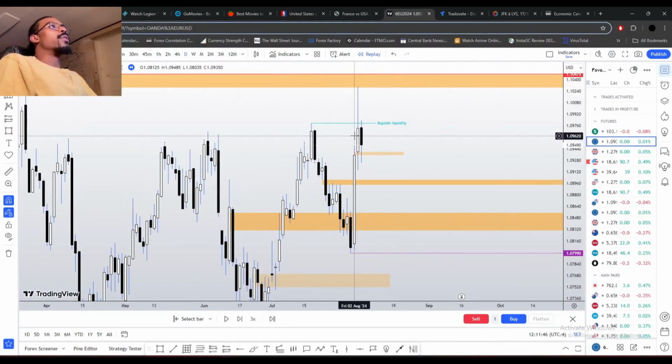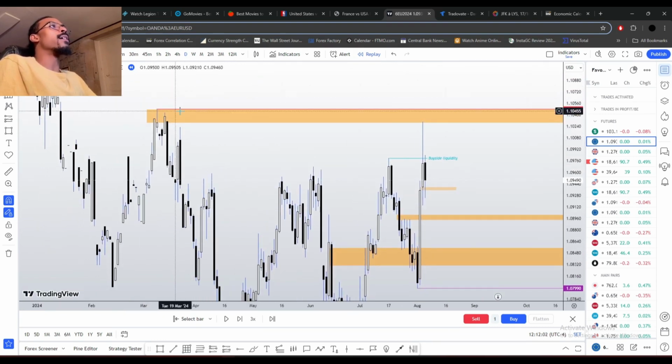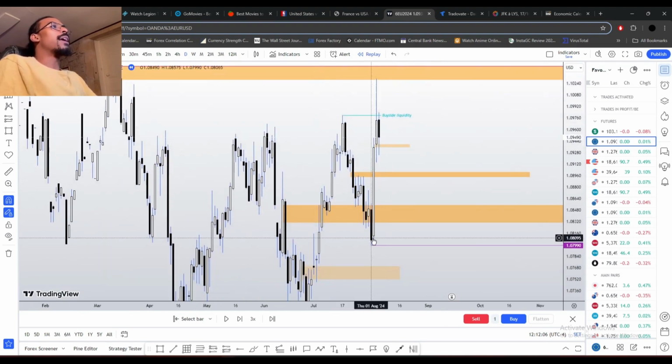ran out buy side liquidity on Monday and then traded lower on Tuesday into this volume imbalance. Now, looking at EU could continue to go higher, but if I'm looking at this range low to this range high, right, after running buy side liquidity, which we could still go higher, right, and start trading up into this daily high, I'm thinking of it trading into a discount, right?